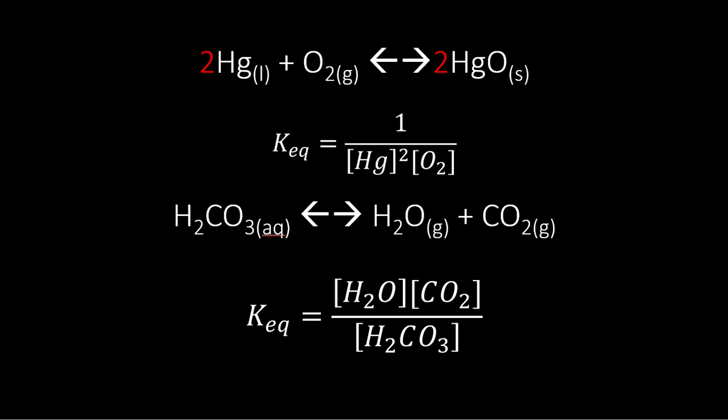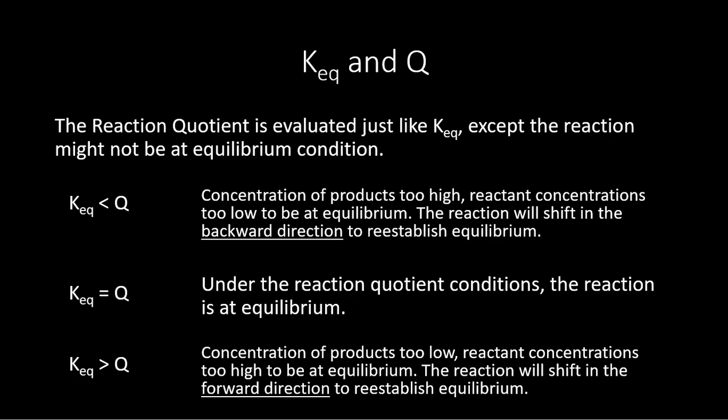Now, if you're working with conditions that are not at equilibrium, what you can solve for is called the reaction quotient, which is just represented as capital Q. It's written the same way as the expression for KEQ. It's just that you're working with concentrations that you don't know for sure are at equilibrium.